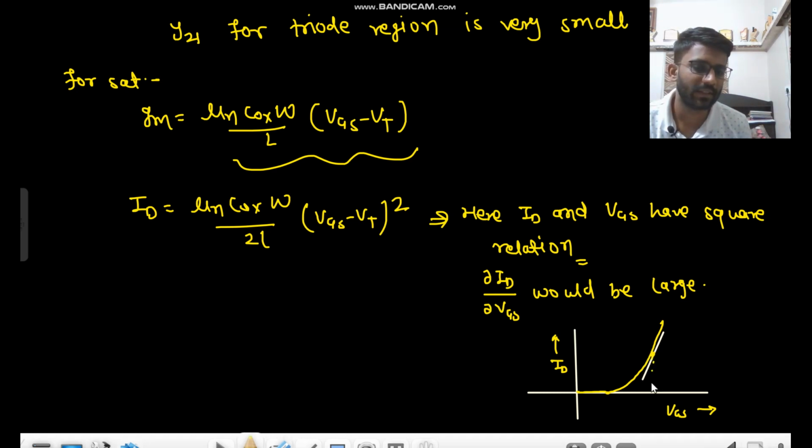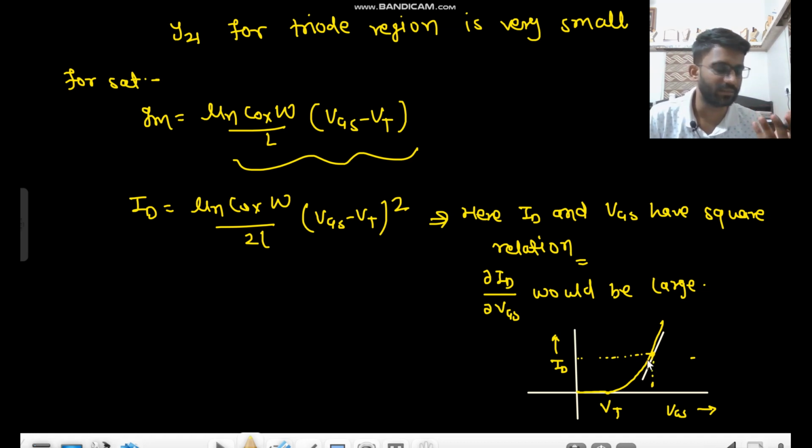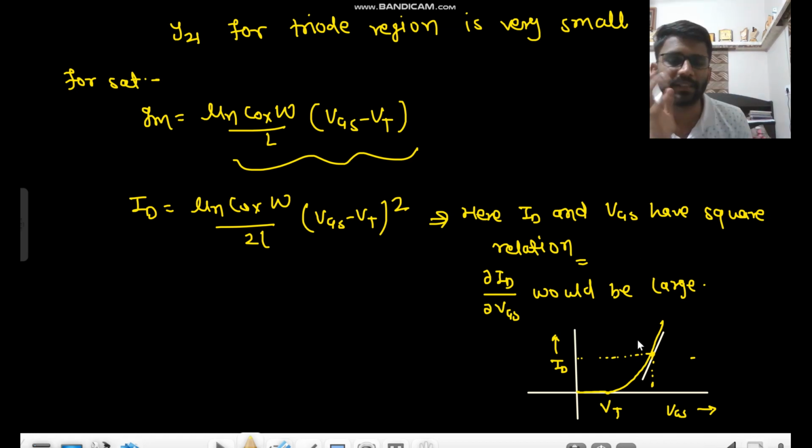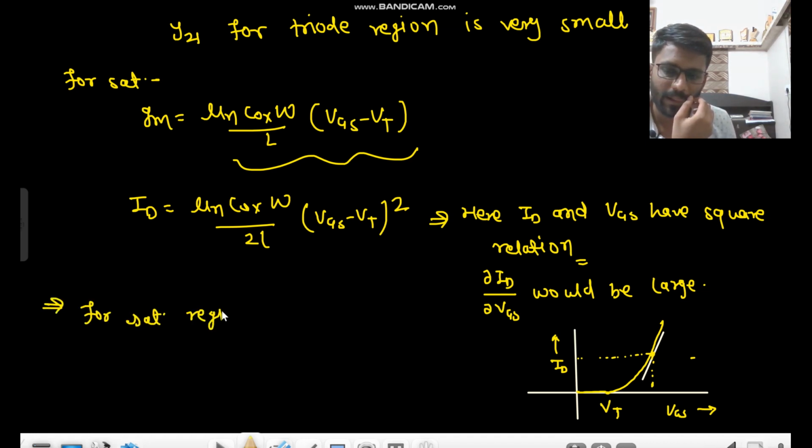So this is a larger slope, right? But here you cannot say that this point will be in saturation region only, because here we can have triode region as well, right? But that's not the matter of fact. The matter of fact is the slope. Here also you can see that ID and VGS have a square relation, so because of that, del ID upon del VGS would be large. So for saturation region, Y12 is large.